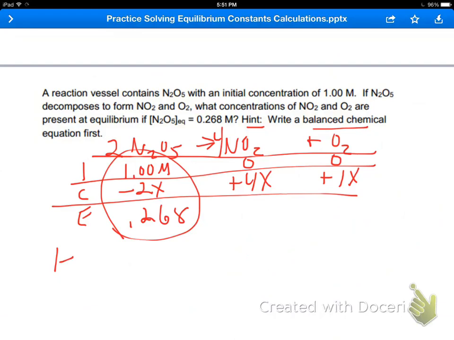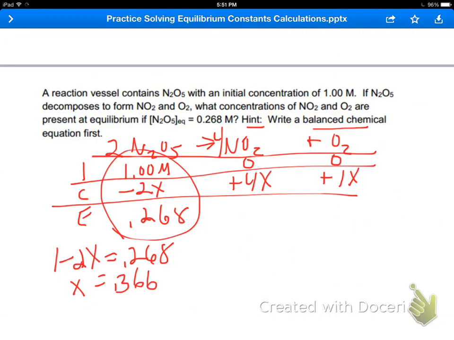So 1 minus 2x is equal to 0.268. So my x is going to be 0.366.